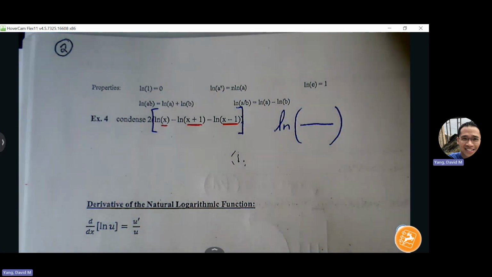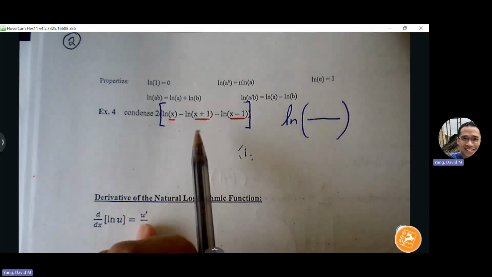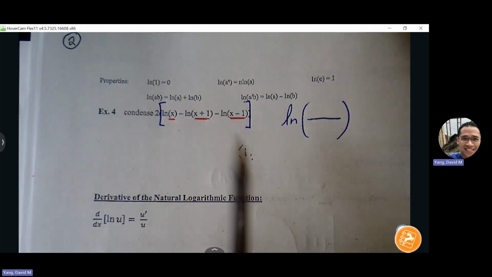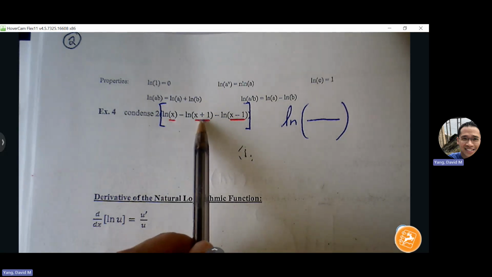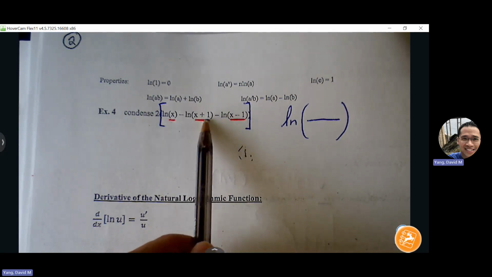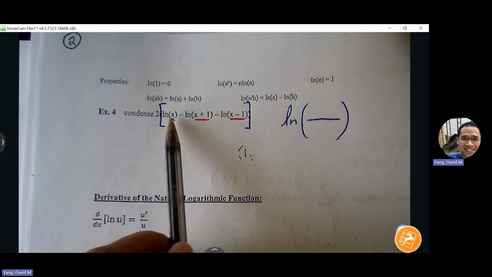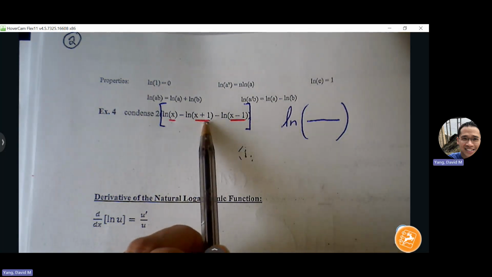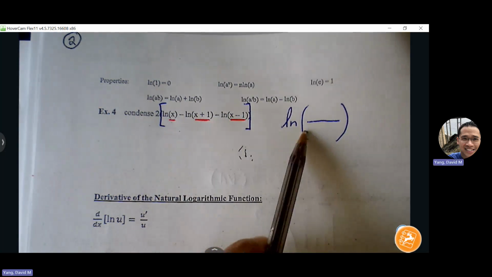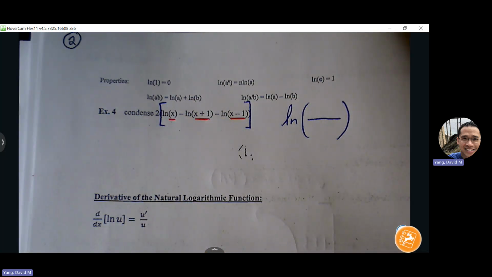An easy way to quickly get into condensed form is to look to see, is your expression part of a positive or a negative natural log? If your expression is part of a positive natural log, it goes in the numerator. If it's part of a negative natural log, it goes in the denominator, and that's it. You just place your numerator and denominator based on the sign you see in front.